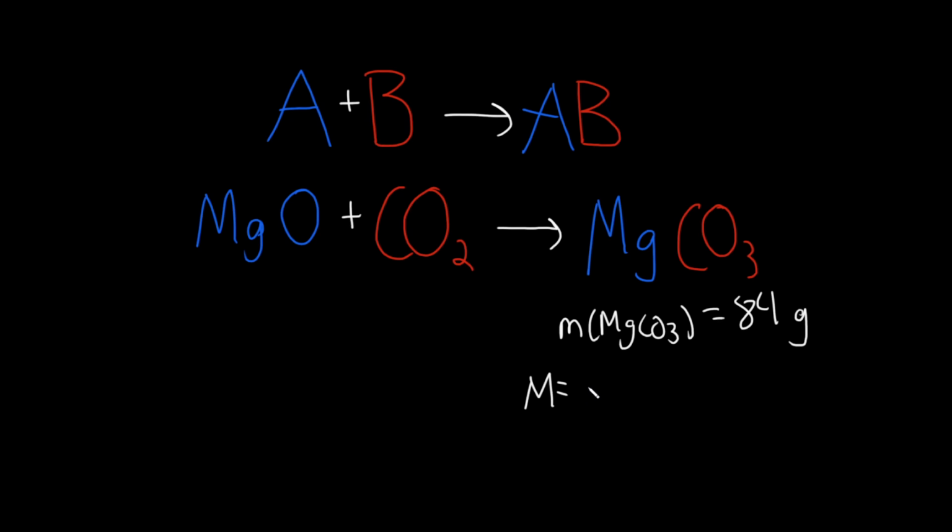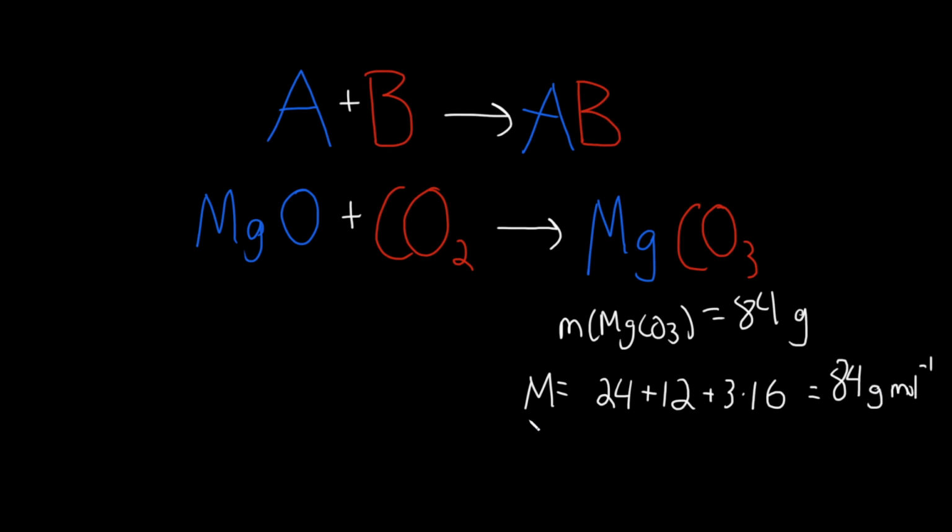If you look at the periodic table, we can see that the molar mass of magnesium is 24 to no decimal places, and carbon is 12, and oxygen is 16. Now, we see that we have 3 oxygens, so we have to multiply this by 3. And if you add all of this together, you get 84. So the molar mass of magnesium carbonate is 84 grams per mole.